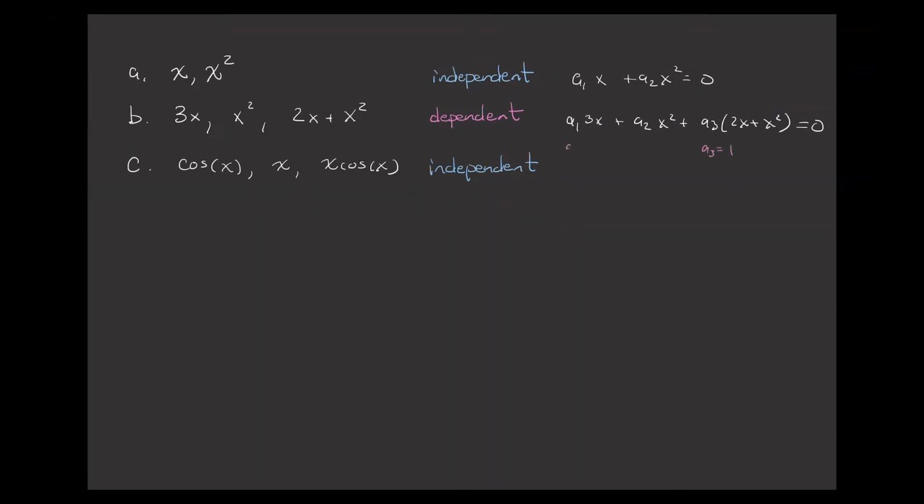Let's let A1 be equal to negative 2/3. Then A2 should be equal to negative 1. Just looking over that really quick. Yes, that should work. Because if you substitute those in, what you'll get is negative 2x minus x squared, and then you'll get plus 2x plus x squared.